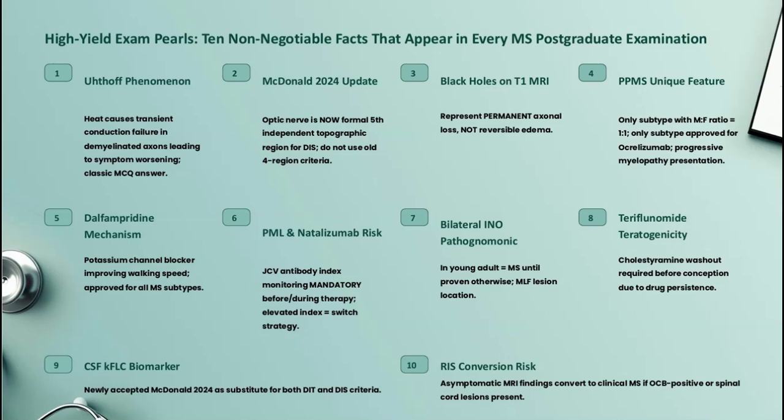And finally, remember that radiologically isolated syndrome can convert to clinical MS, especially when oligoclonal bands or spinal cord lesions are present. The key message from this entire topic is this. Multiple sclerosis is a disease of pattern recognition, clinical localization, characteristic imaging, appropriate biomarkers, and careful exclusion of mimics. Master those principles, and the diagnosis becomes far clearer.